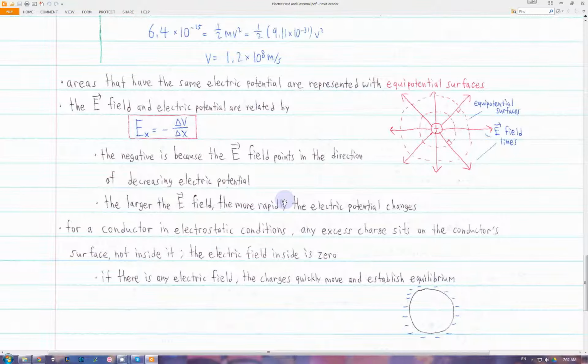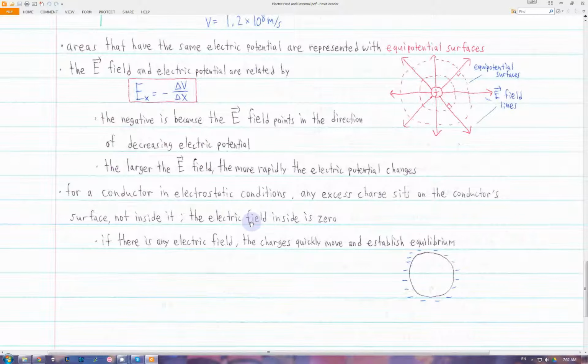So the last thing we're going to look at is properties of conductors. In electrostatic conditions, any excess charge that a conductor has sits on the surface, not inside it. So you can see that all these negative charges are on top of the conducting sphere instead of over here.